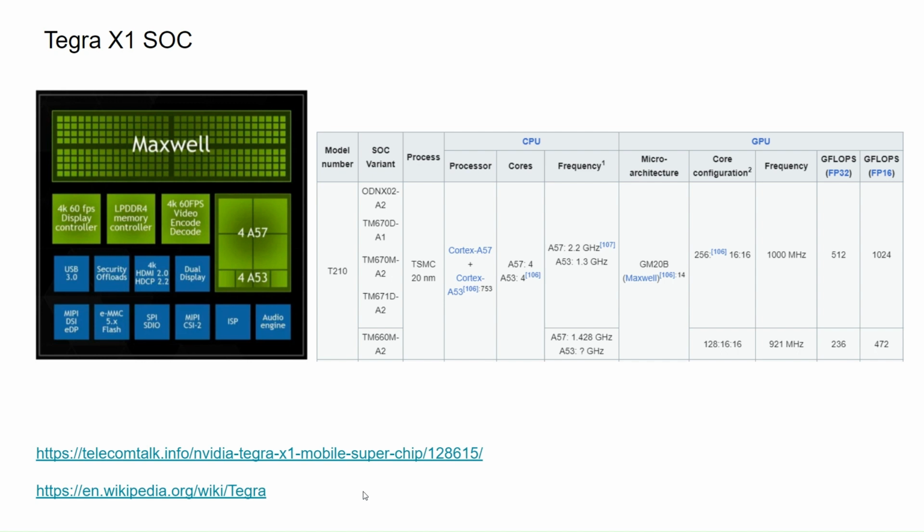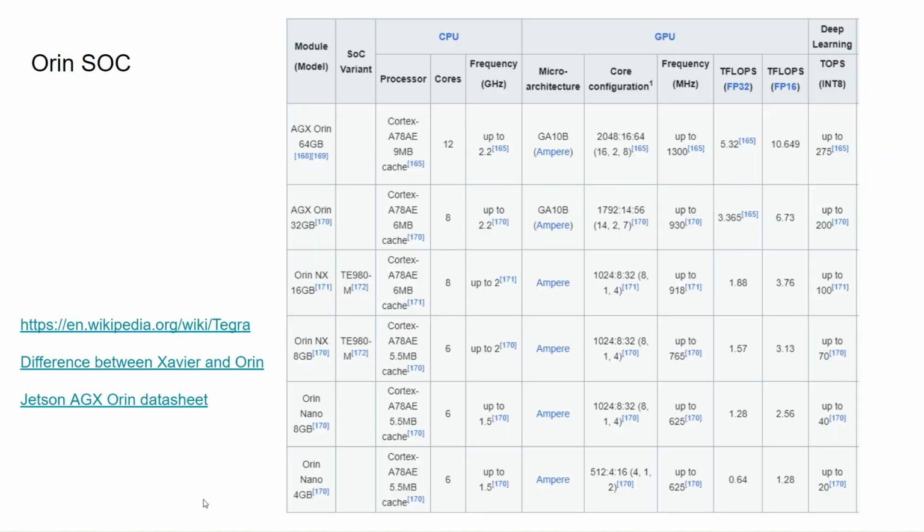That differentiates the SOCs. Now, if you speak about the Orin SOC, the Orin family, all of them use the Ampere GPU architecture, where they vary with respect to the number of flops and the number of TOPS they have.